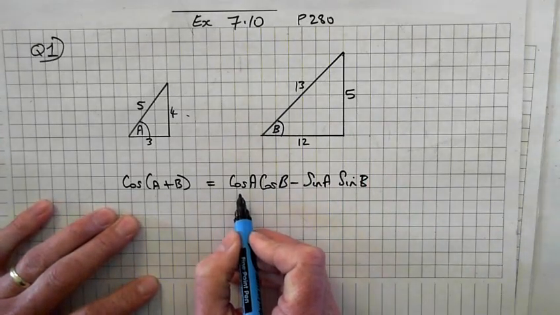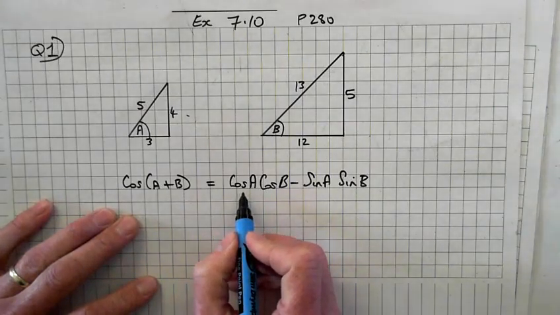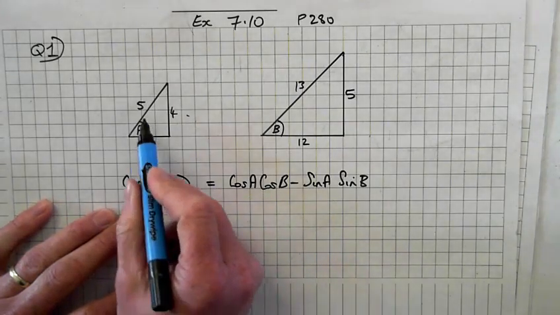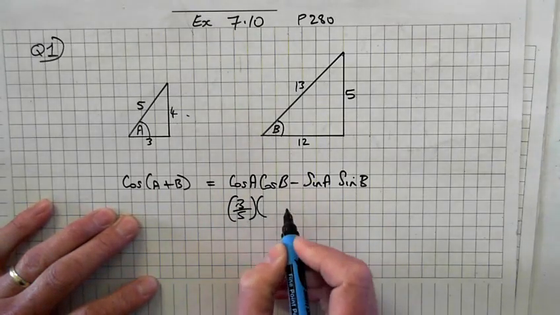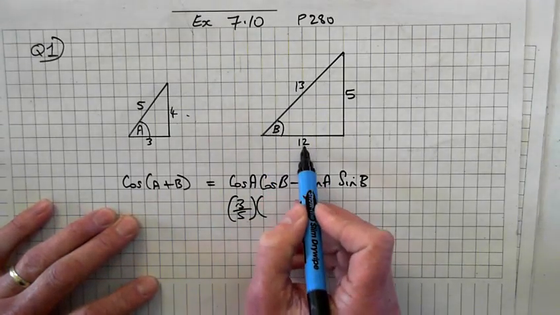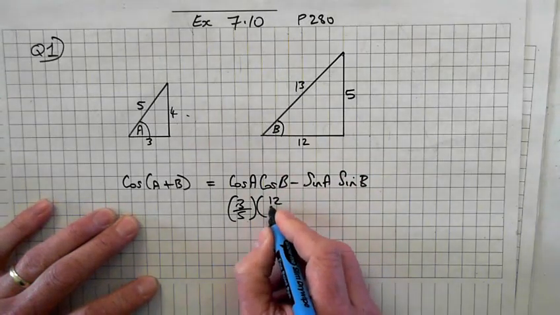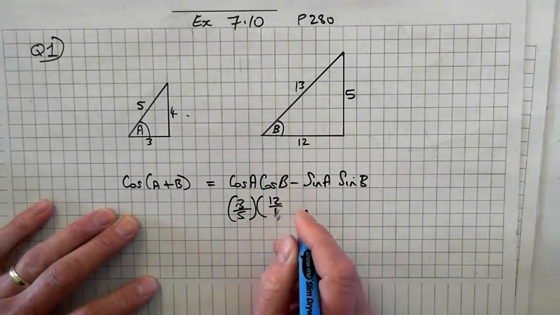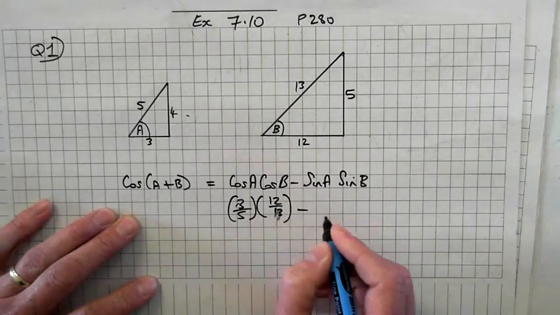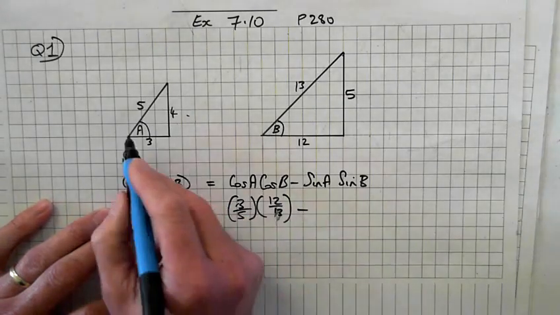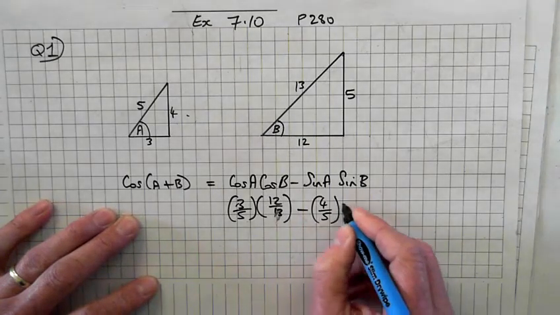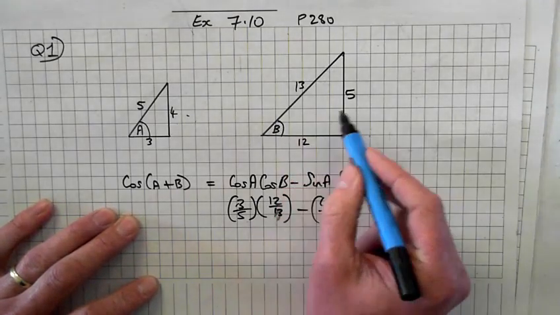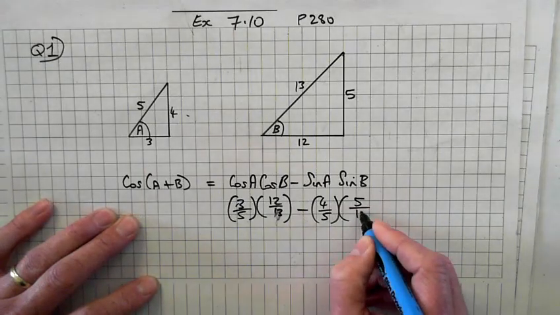What is cos of A? So the cos of A was 3 over 5. Times the cos of B, 12 over 13. Minus the sine of A, opposite over hypotenuse, 4 over 5 times the sine of B, 5 over 13.